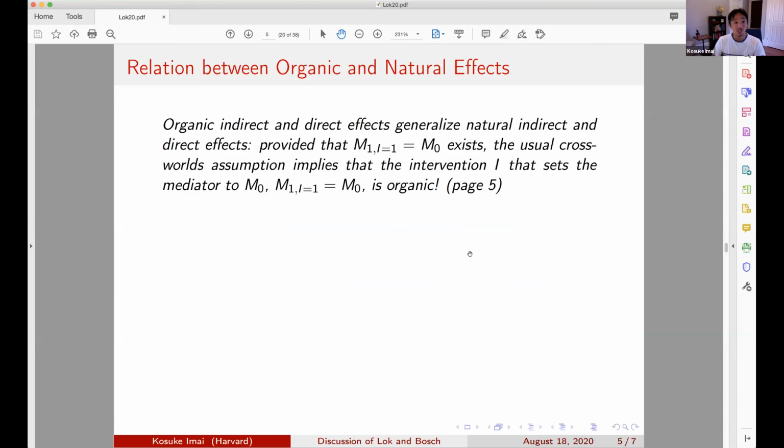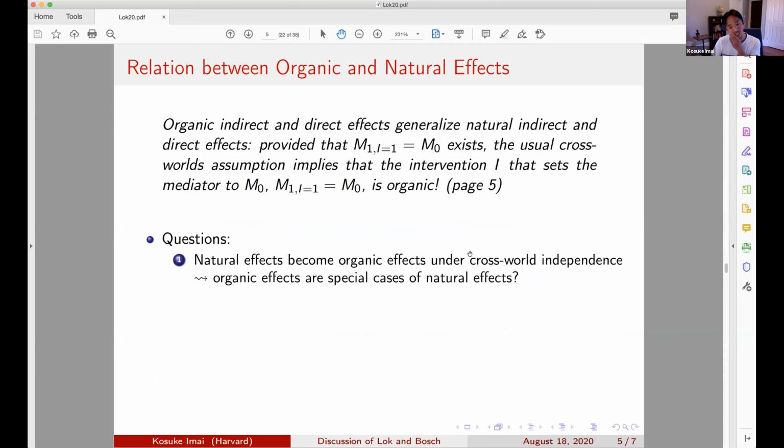Okay. So in the paper, there's a statement about the relationship between these two effects: organic indirect and direct effects, and generalized natural indirect and direct effects. But the questions I have are, natural effects become organic effects under the cross-world independence assumption.